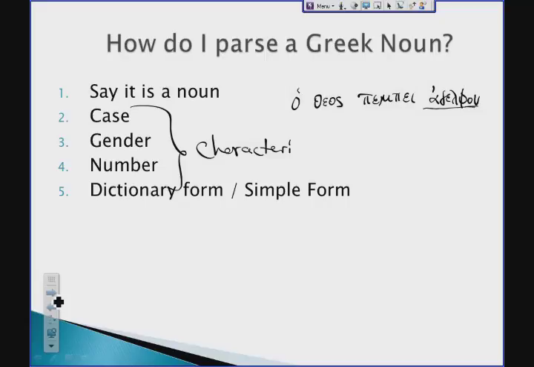You must tell me 7 things about that. It's a noun. And then you come now to case, number, and gender. What is the case? It's accusative. And then tell me the gender. It's masculine, okay? The case is accusative, gender masculine, number singular, okay? Then the dictionary form, of which word? Of adelphos, okay? With that os ending.